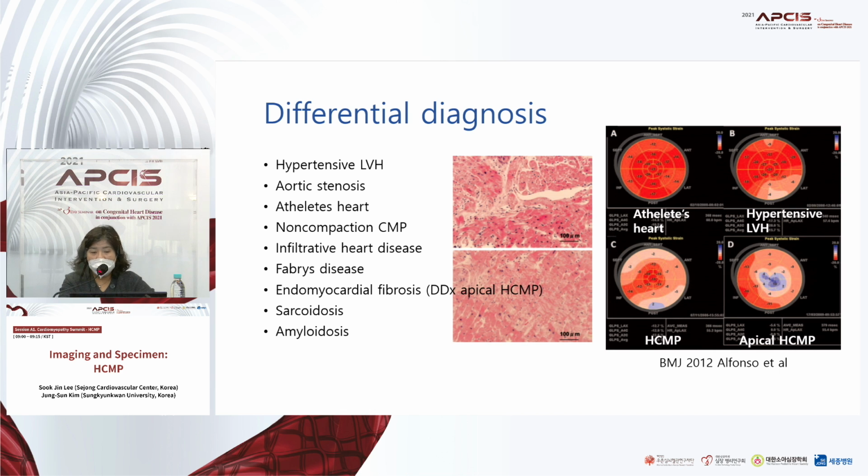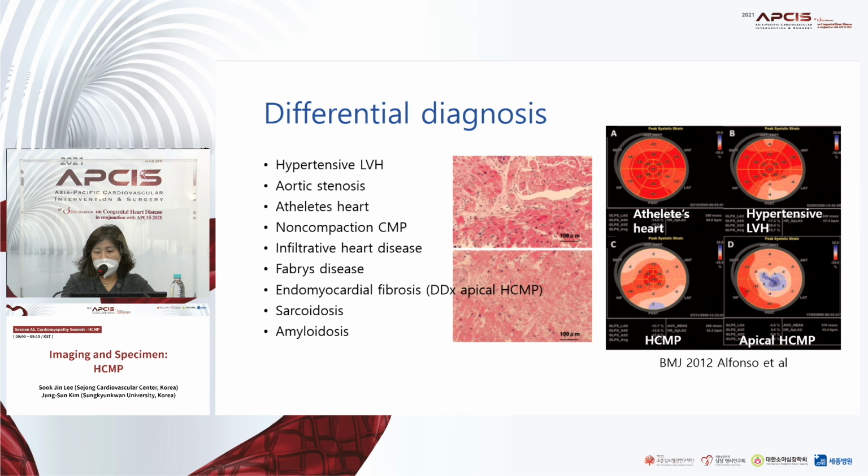It is not easy to differentiate by just looking at the echo, but pathologically, HCMP is characterized by myocardial fibrils and fibrosis compared to other LVH, such as hypertensive LVH.